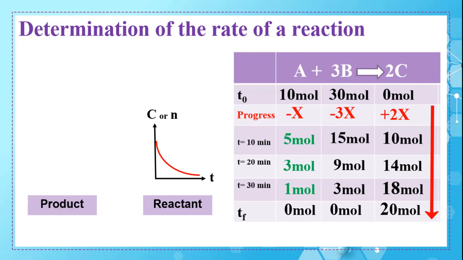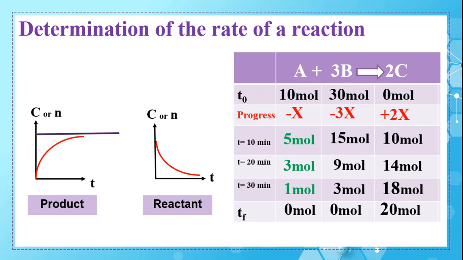So the graph representing the concentration or the number of moles of a product as a function of time will be an ascending curve that tends to a horizontal asymptote at the end of the reaction. These red curves are called kinetic curves.